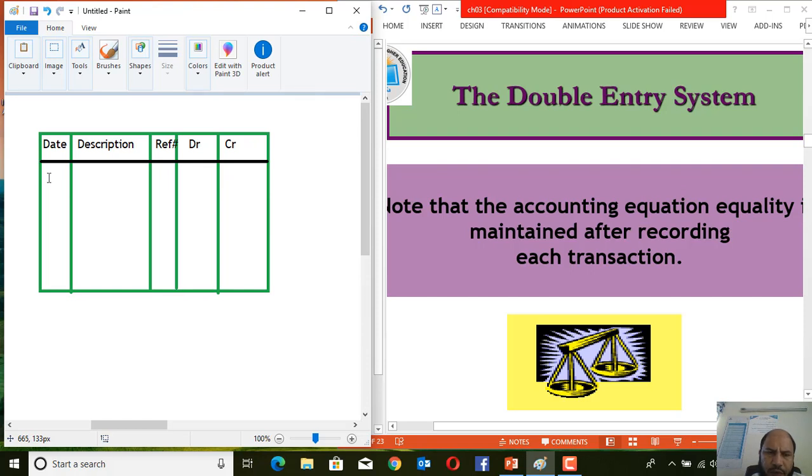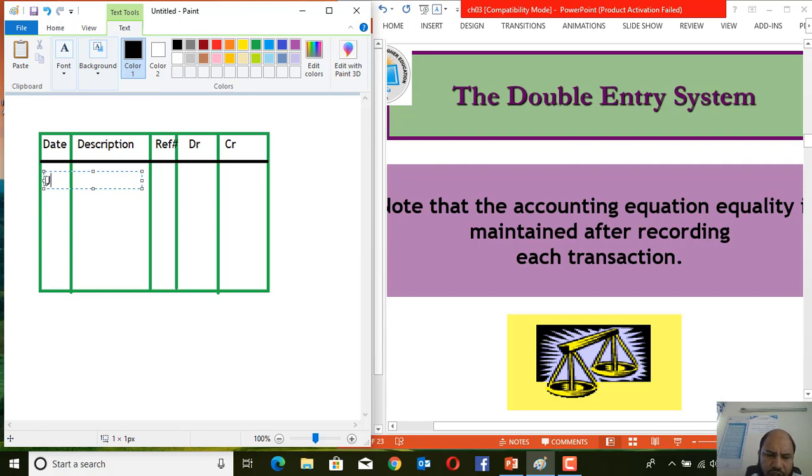Company purchased furniture. So consider that this is January 1st. The company purchased furniture, so the furniture account increased. Consider that the amount of furniture was equal to 10,000.